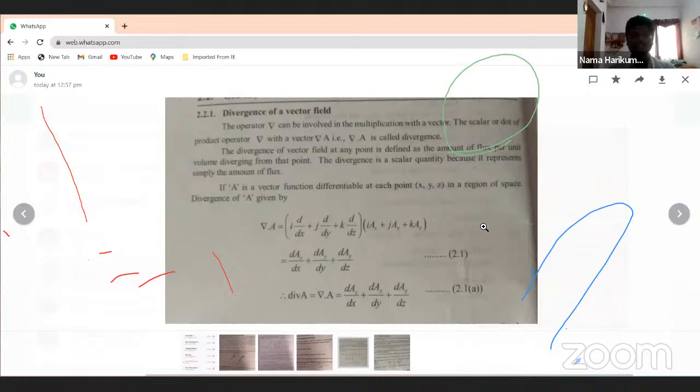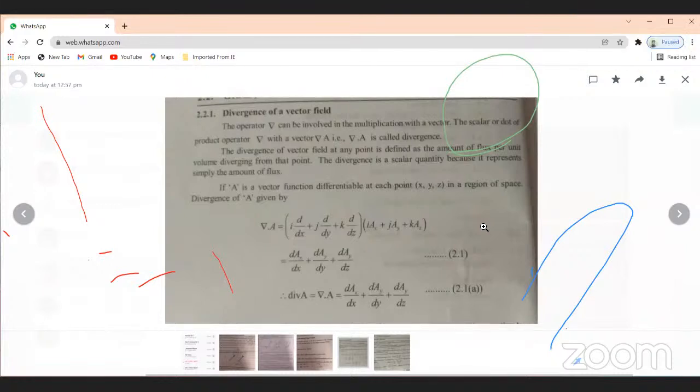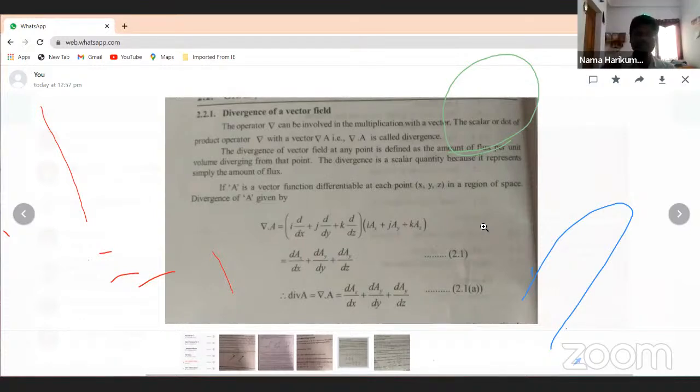Bar means you have to mention it in the heading. Vectors mean bar, you have to use the bar. Bar is the indication of magnitude and direction of our quantity. Okay, sir.